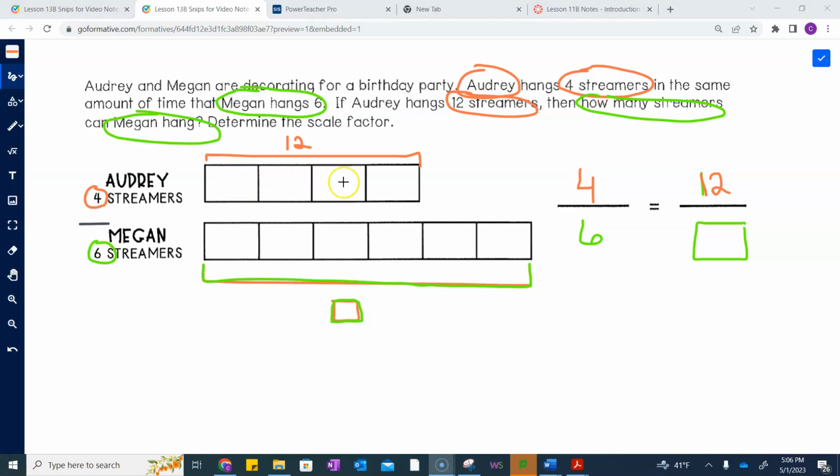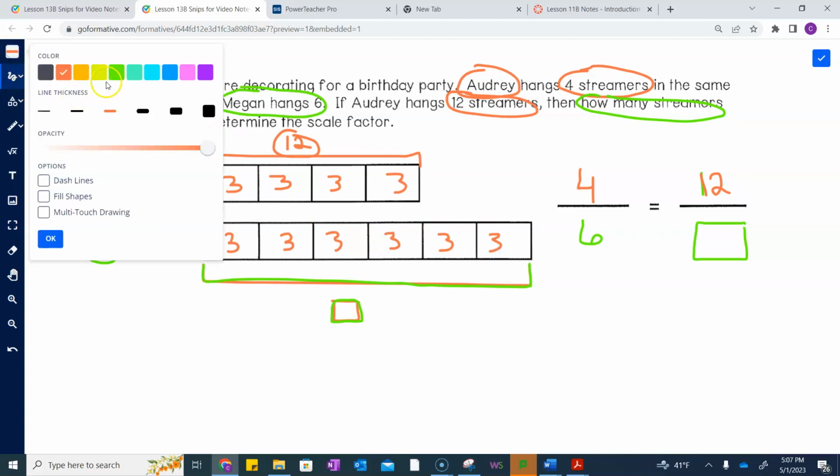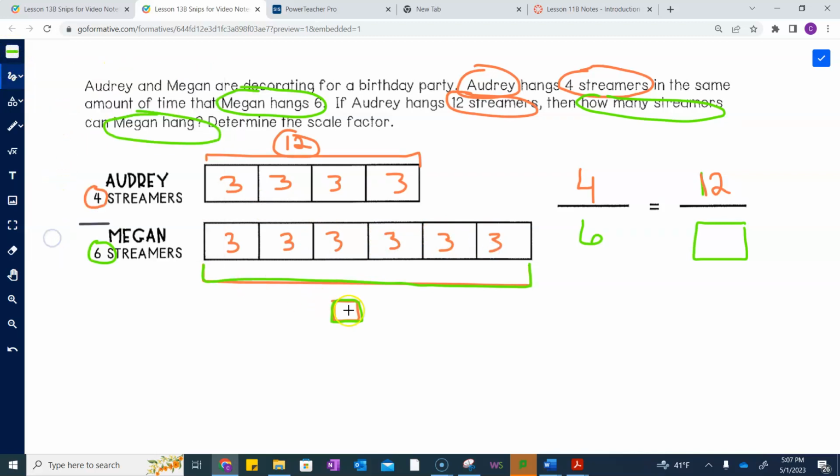So each piece here is going to need to represent 3 streamers in order to end up with 12 total. So each piece here also represents 3 streamers, and we have 6 pieces this time. So we end up with 18 streamers because 3 times 6 is 18.